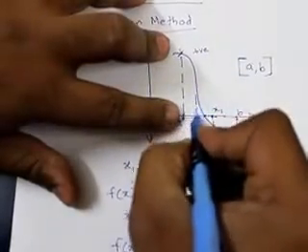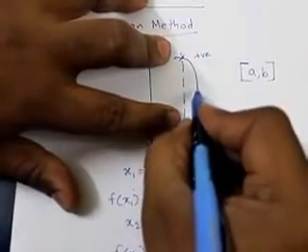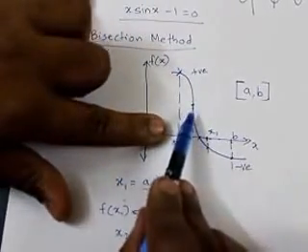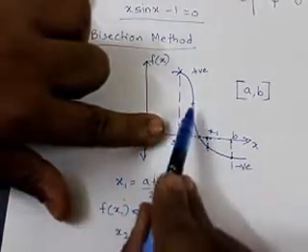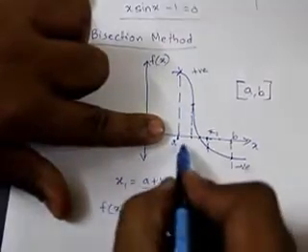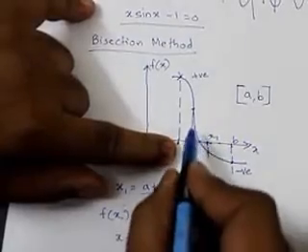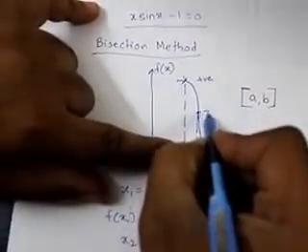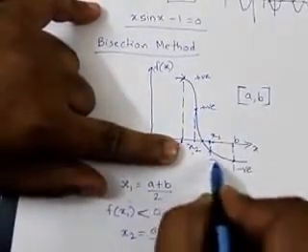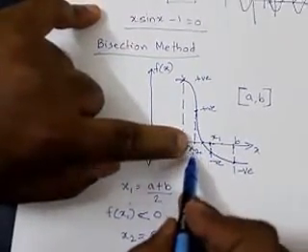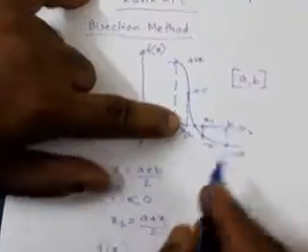Again, if we drop a perpendicular on the x-axis, take a look at this one. The value here is positive at x2, and at x1 it is negative. So our new, much smaller bracket is going to be x2 to x1.